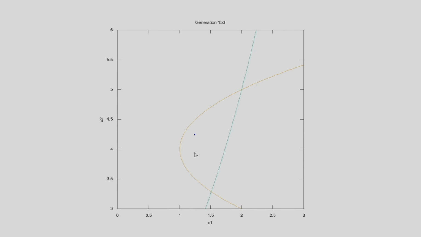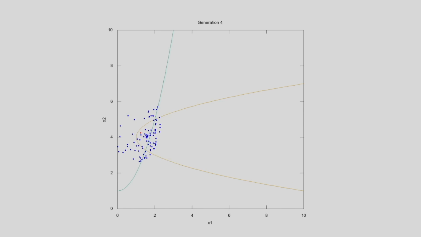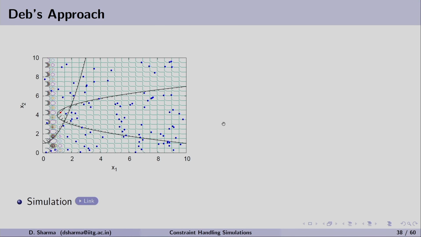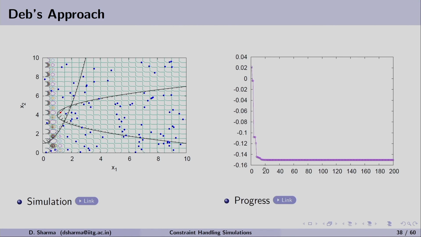We will wait for 200 generations now. As can be seen, all the members have converged to the same solution, that is the optimum solution for the given problem. Now, in the last generation, as can be seen, Deb's approach found the same solution.